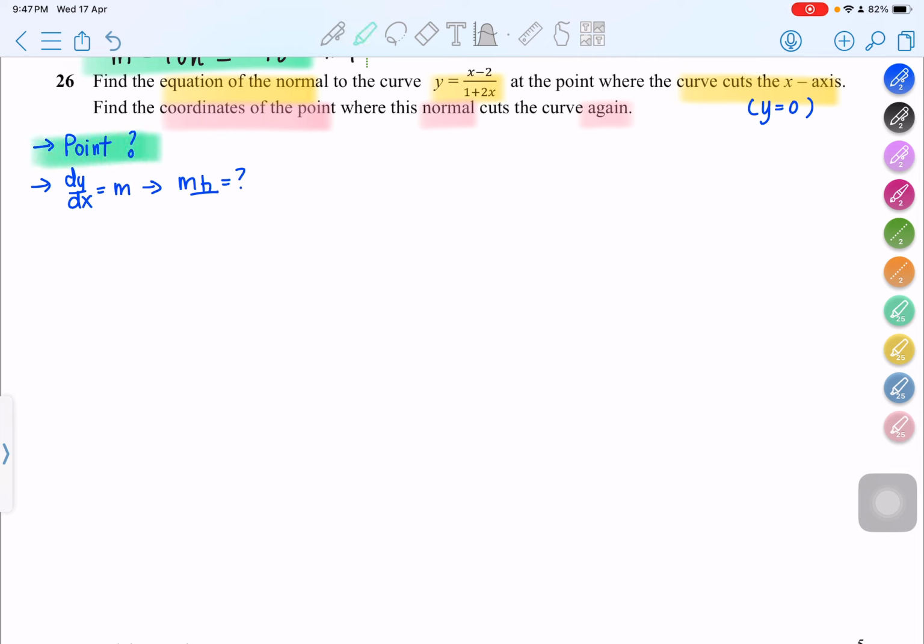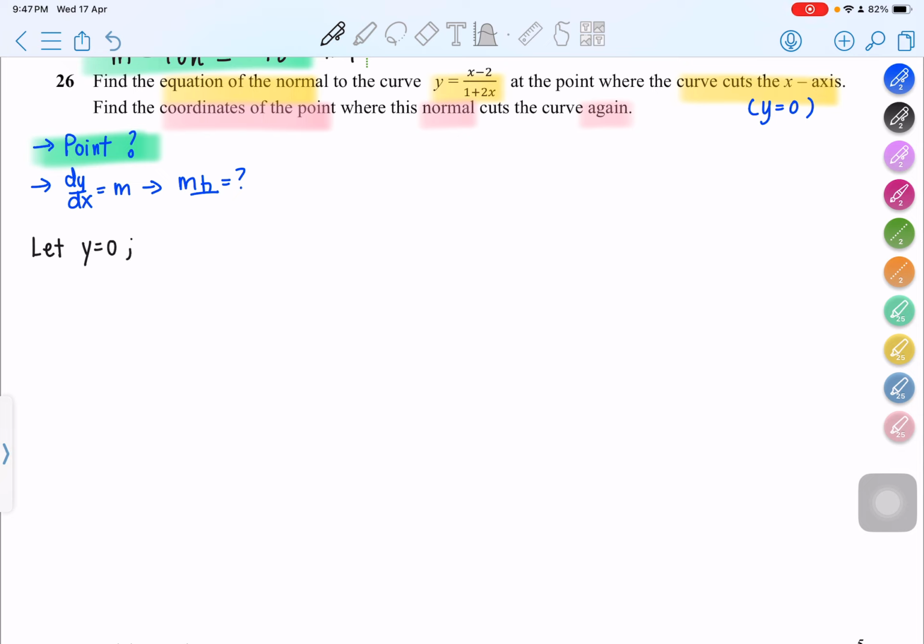So first of all, I will start by finding the point. Where can I get a point? Look at the last few words in the first sentence: where the curve cuts the x-axis. When the curve cuts the x-axis, that means y equals 0. So we start by letting y become 0.